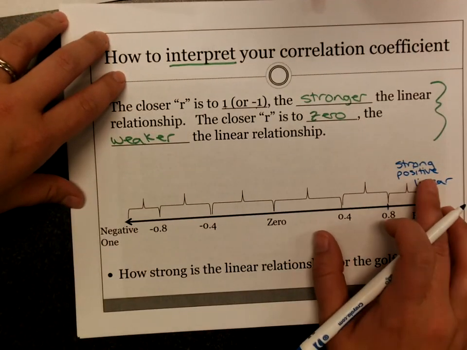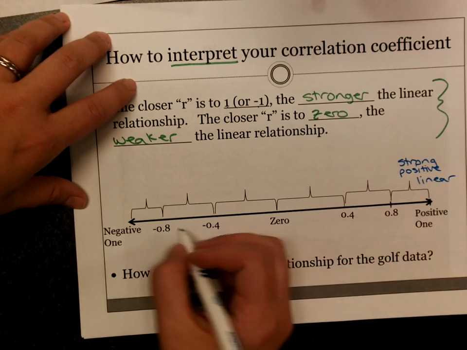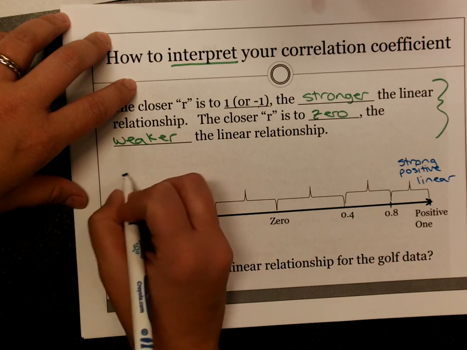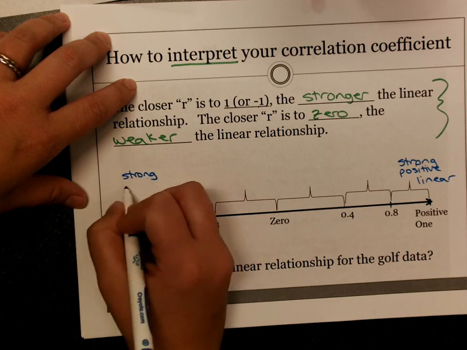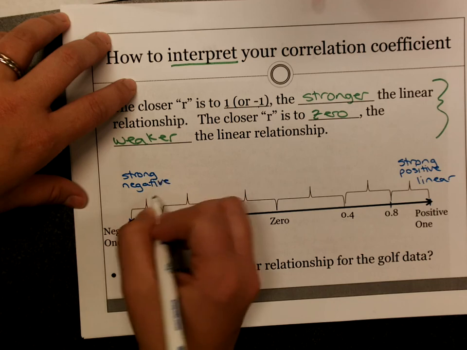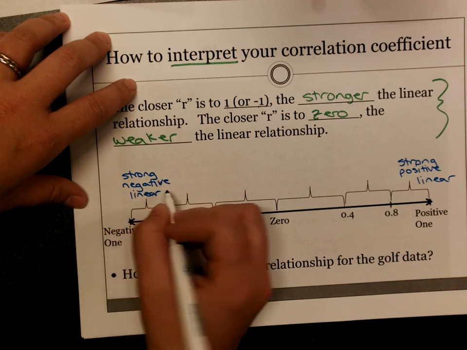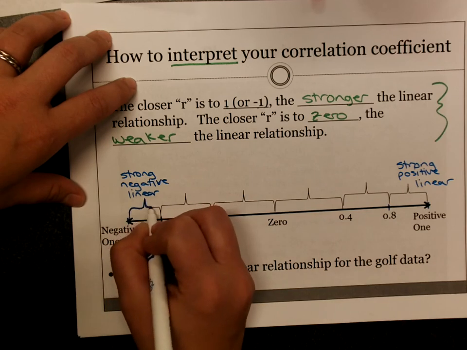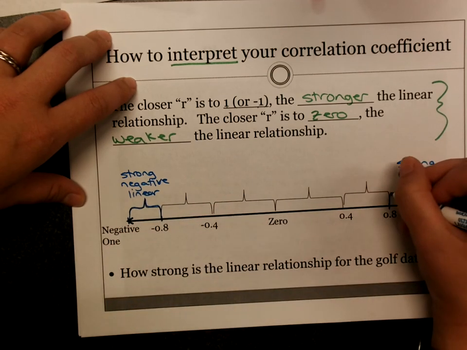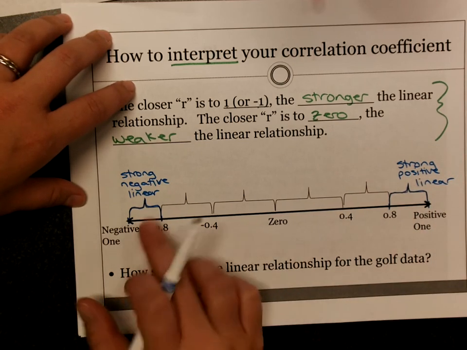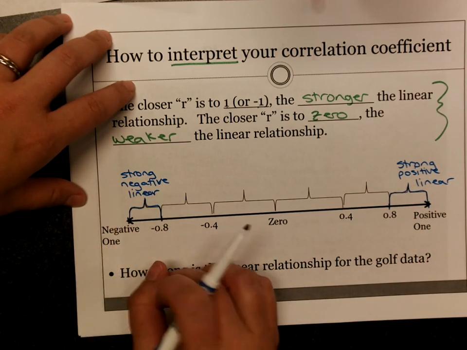Anything between negative 0.8 and negative 1 is considered a strong, negative, linear relationship. So that's anything between negative 1 and negative 0.8, and positive 0.8 and positive 1. The negative value just means that it's a negative linear relationship.